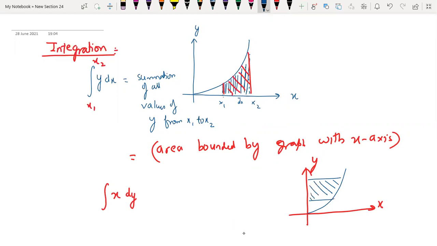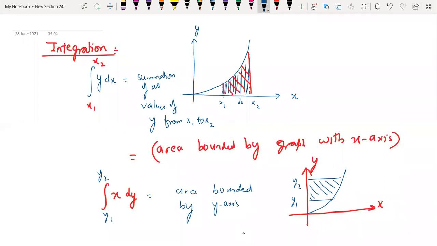So when it is integrated from, let's say, y1 to y2, it will be the shaded area bounded with the y-axis. So integration represents summation, and for any graph, it can also be calculated by the area bounded.